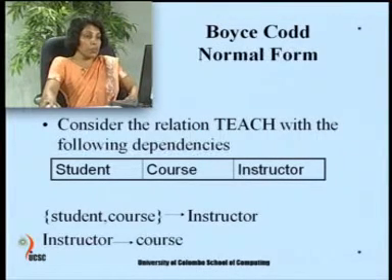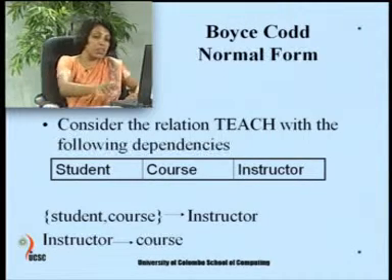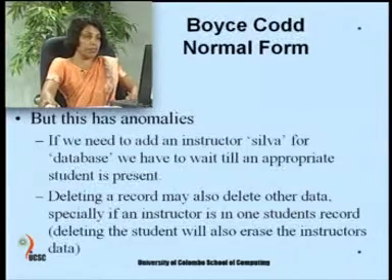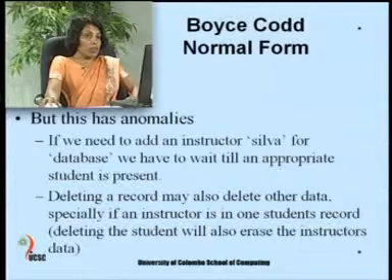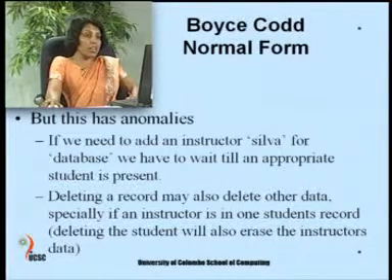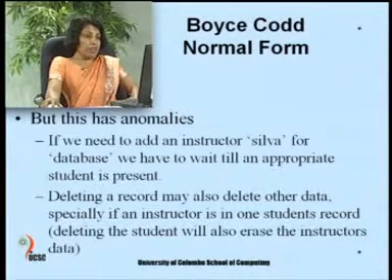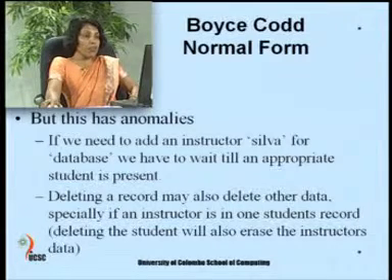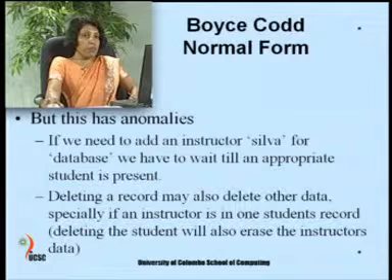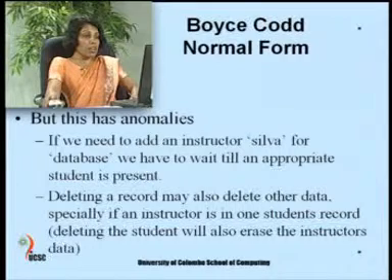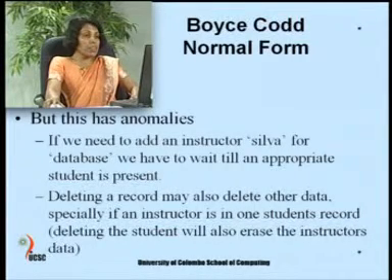If you consider student, course as the key of this relation, you can understand that this relation is in third normal form, but it is not in Boyce-Codd normal form. So, what are the anomalies here in this Teach relation? For example, if we need to add an instructor called Silva for the database course, we have to wait till we get an appropriate student to study that subject.